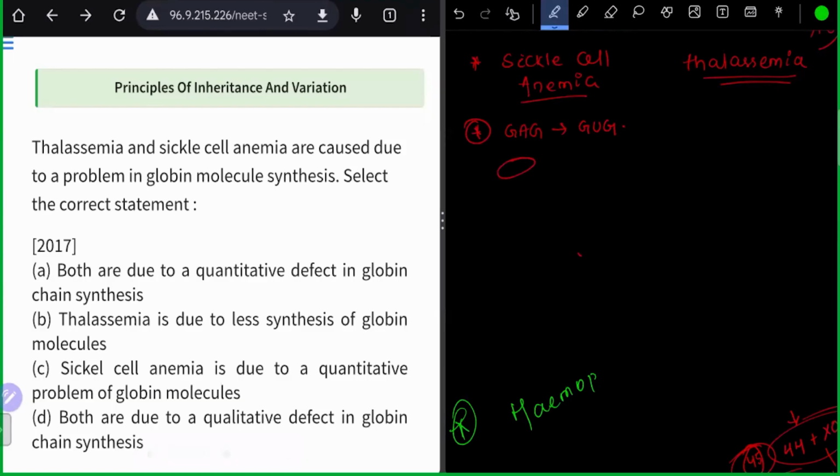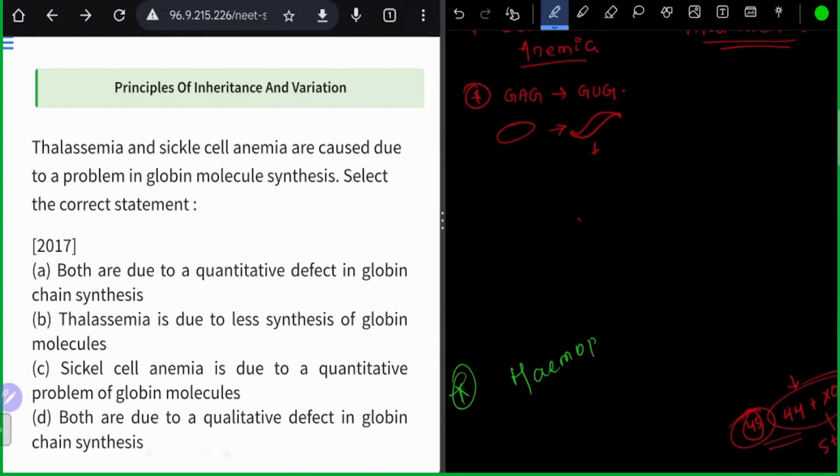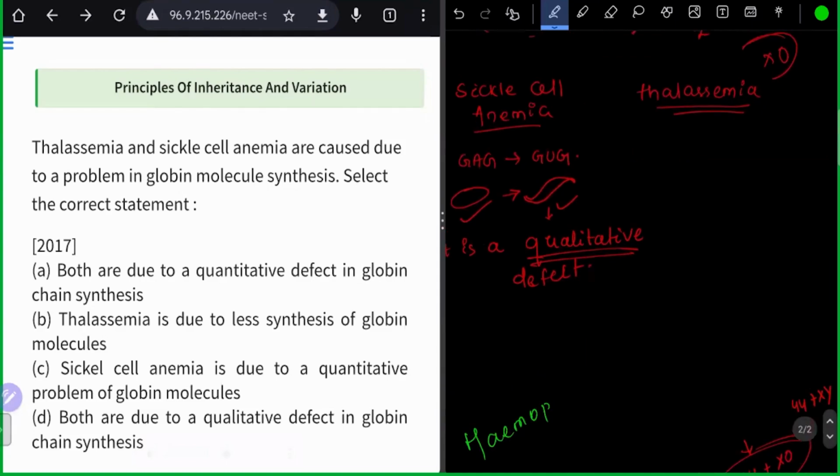That means the RBC shape will change from biconcave to sickle shape. Okay, so here it is a qualitative effect. That means there is no reduction in quantity, only the quality. That means the biconcave changes to sickle cell. Okay, but in thalassemia, what happened?